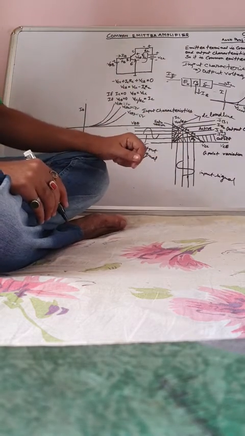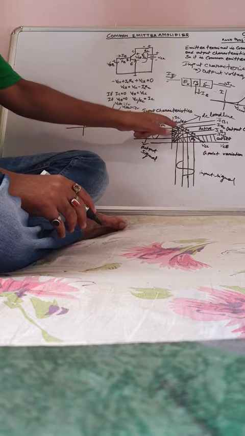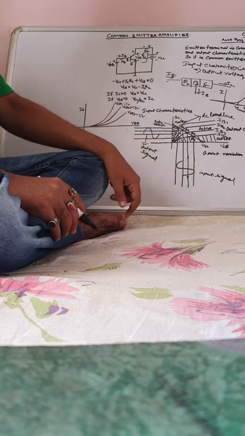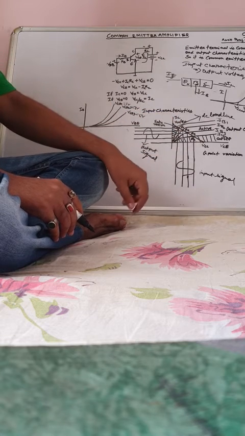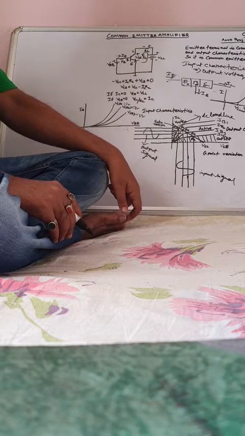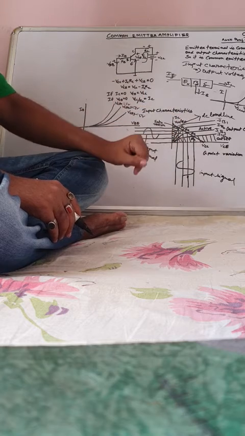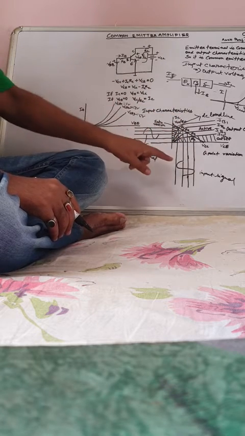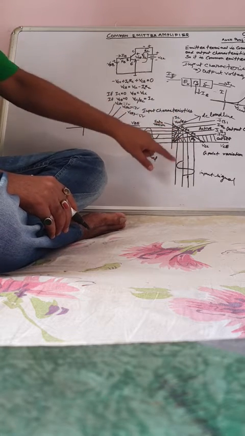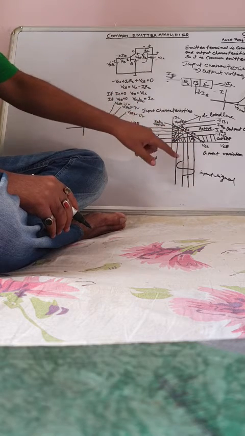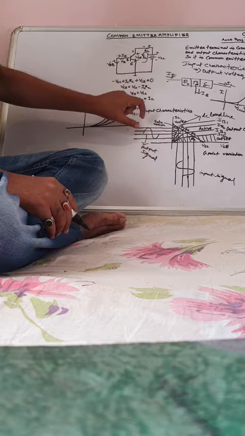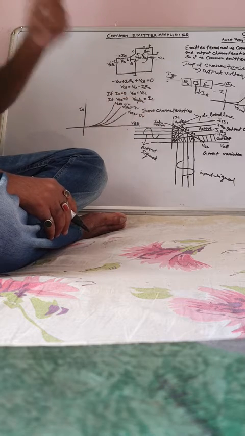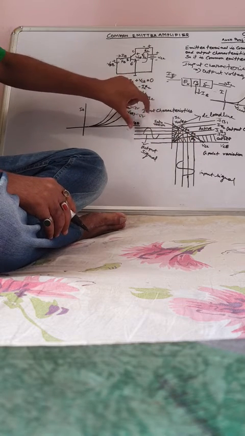Q point cuts the active region curve in such points: Q1, Q2, Q3, Q4. So through these Q points you can get the curve. This you can get the output signal amplified. This is your input signal, this is your corresponding output signal.